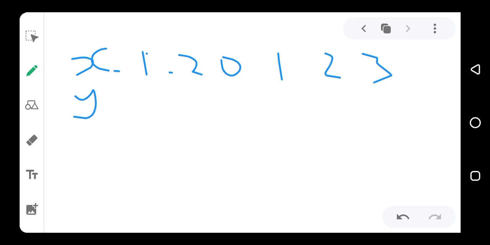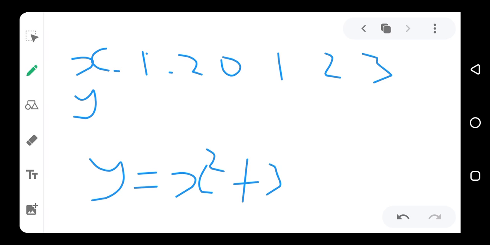Maybe the equation given is y is equal to x squared plus 3x minus 1. Here, the values of x have been given directly.